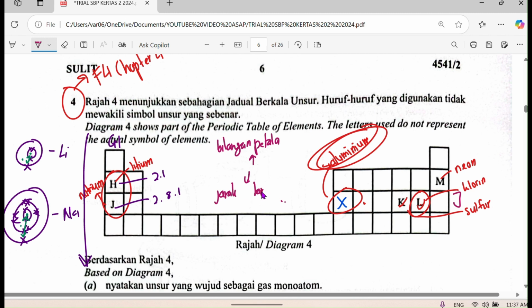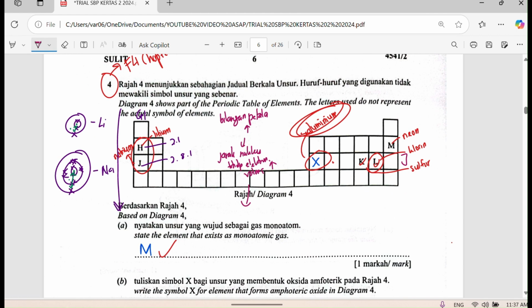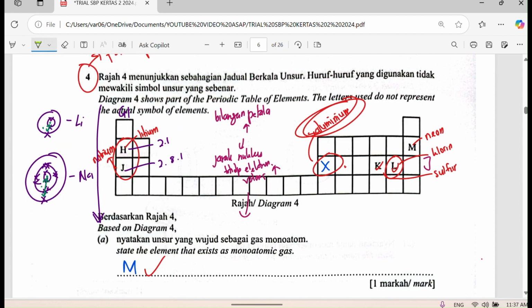So when the distance increases, the force reduces. Correct or not? Daya tarikan nukleus terhadap electron valence berkurang.